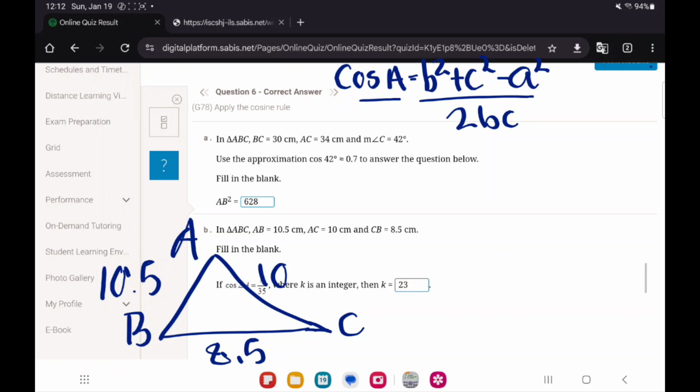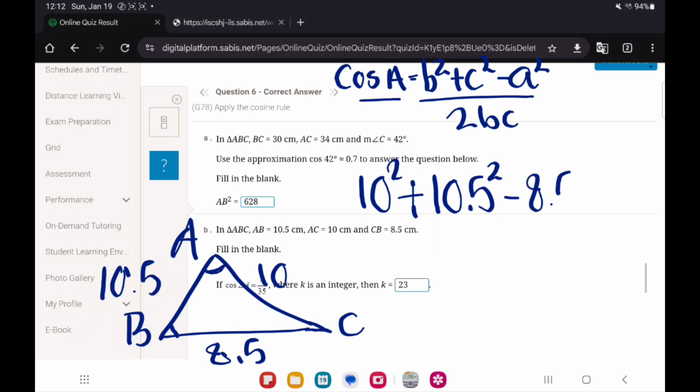Okay, so b squared, opposite of the angle B, is 10, so 10 squared, and then c squared is opposite the angle C, which is 10.5, so plus 10.5 squared minus a squared, which is opposite of the angle A, 8.5, so 8.5 squared, and then over 2bc, which is 10 and 10.5.